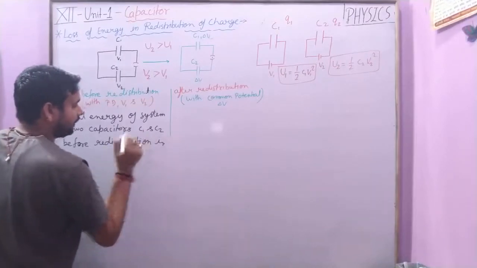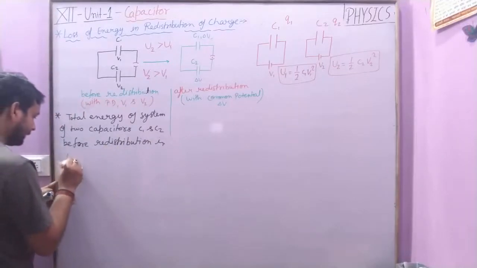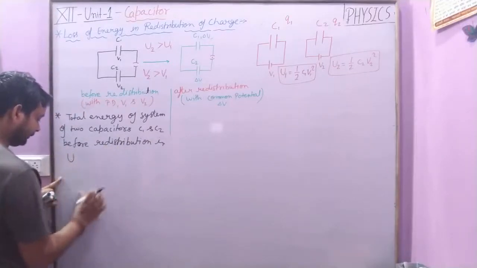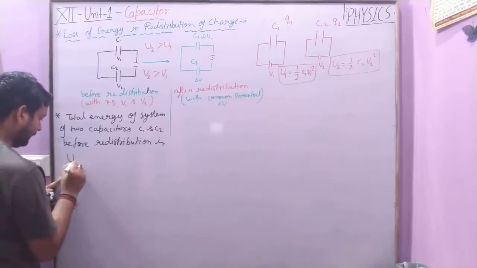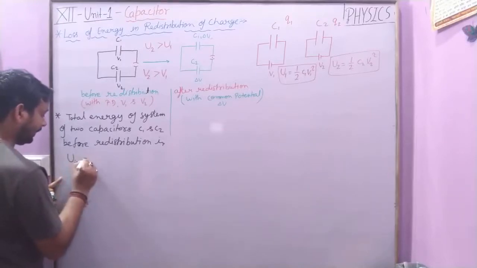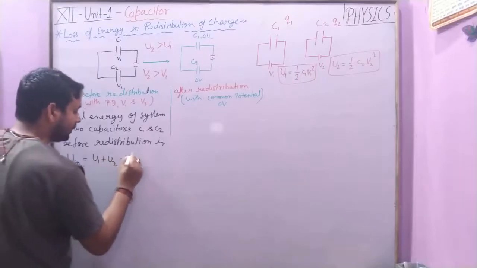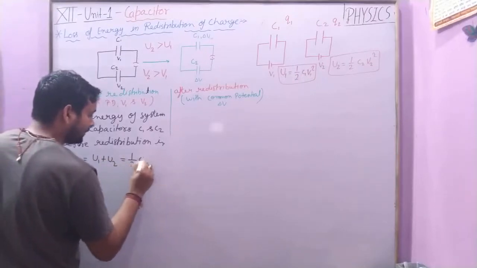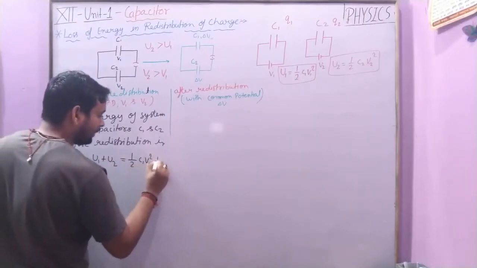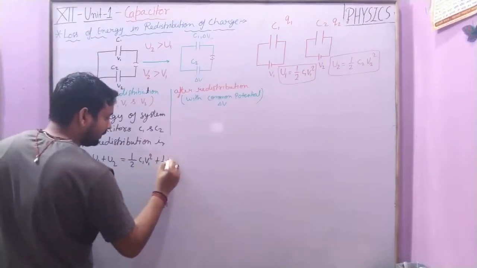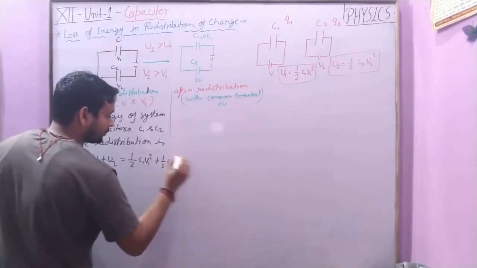The total energy initially is U1 plus U2, which is equal to half C1 V1 square plus half C2 V2 square.